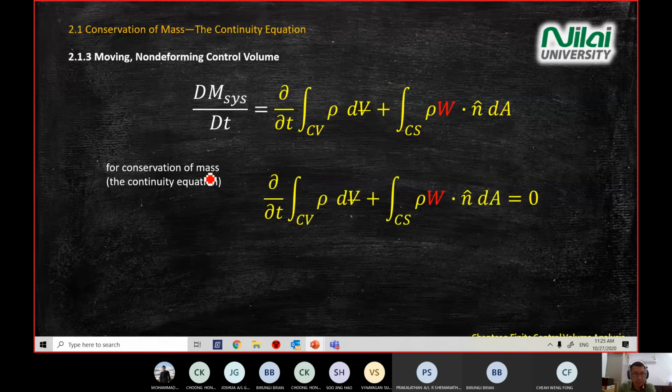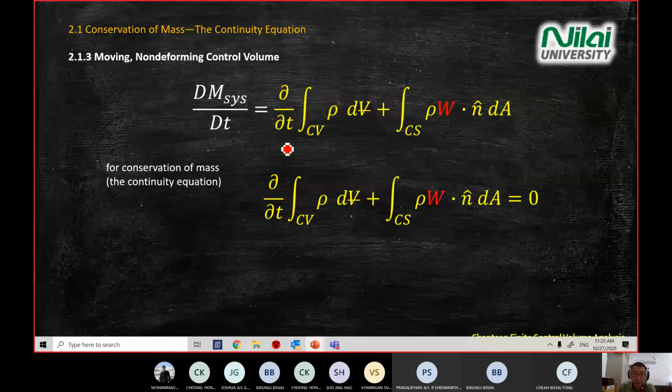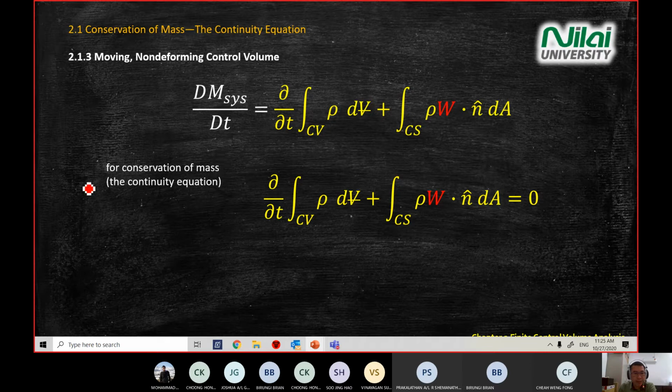Again, for conservation of mass, the whole total change in the control volume and control surface will be equal to 0, which means the whole Reynolds transport theorem will be 0 to define conservation of mass. All right.